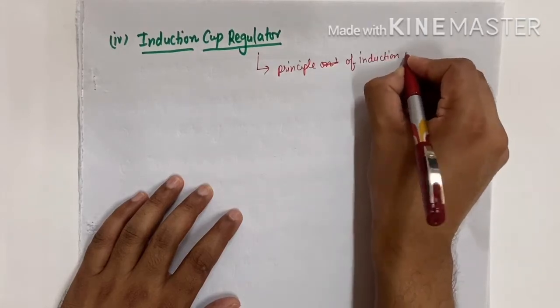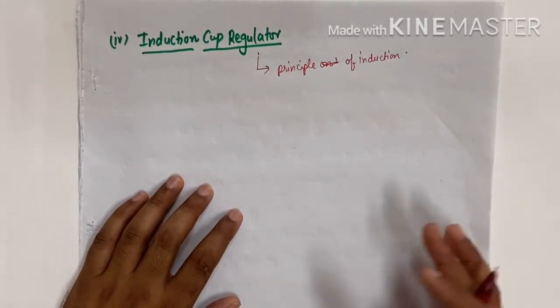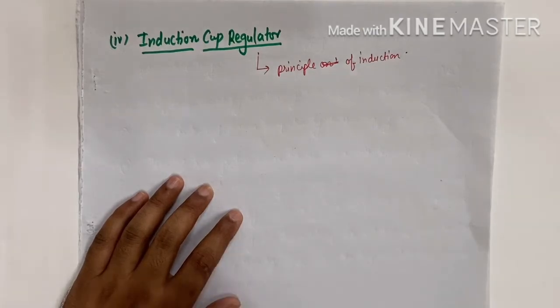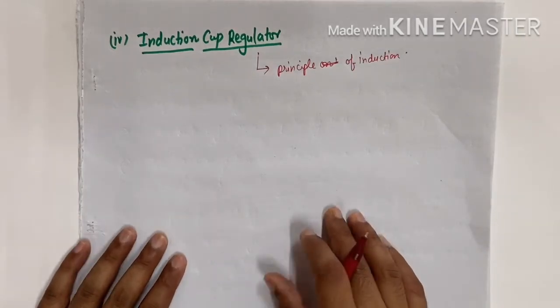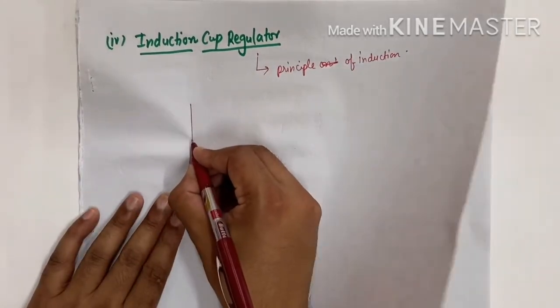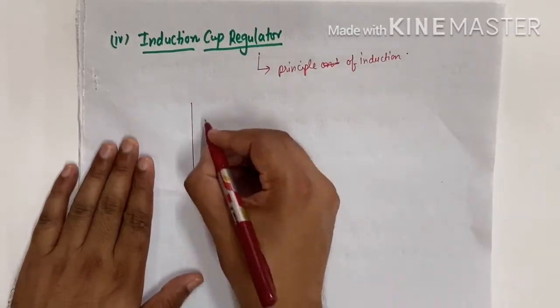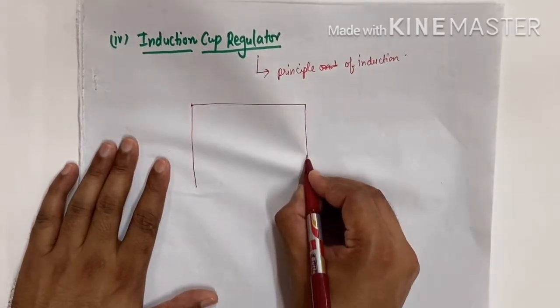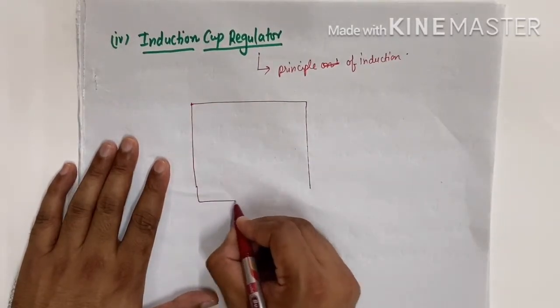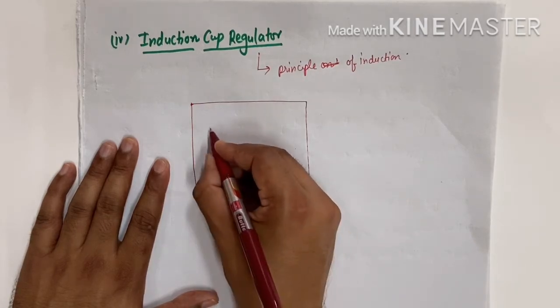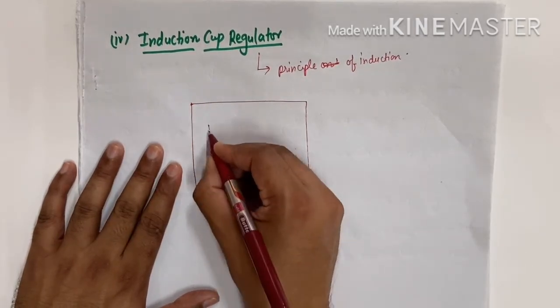Okay, this is almost similar to the induction disc type. So I will make a figure. Suppose this is the magnetic field frame.